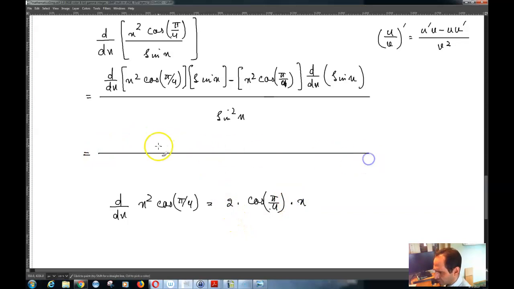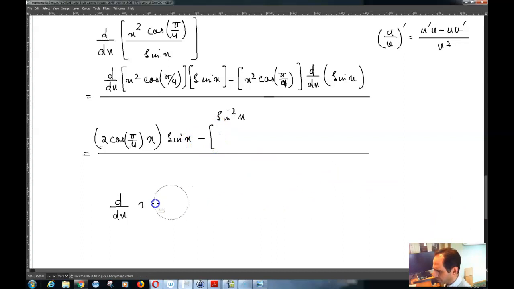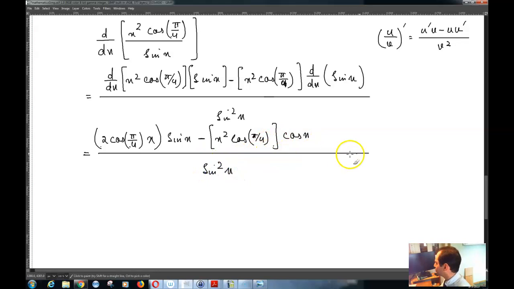So you can write that as 2 times cos of pi by 4 times x times sine x, minus x squared cos of pi by 4, d by dx of sine x is cos x, divided by sine squared x. So I suppose that's the answer there.